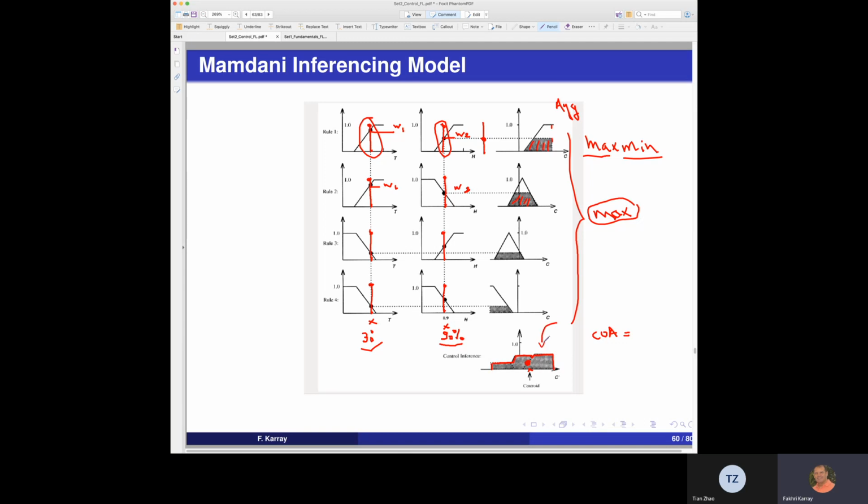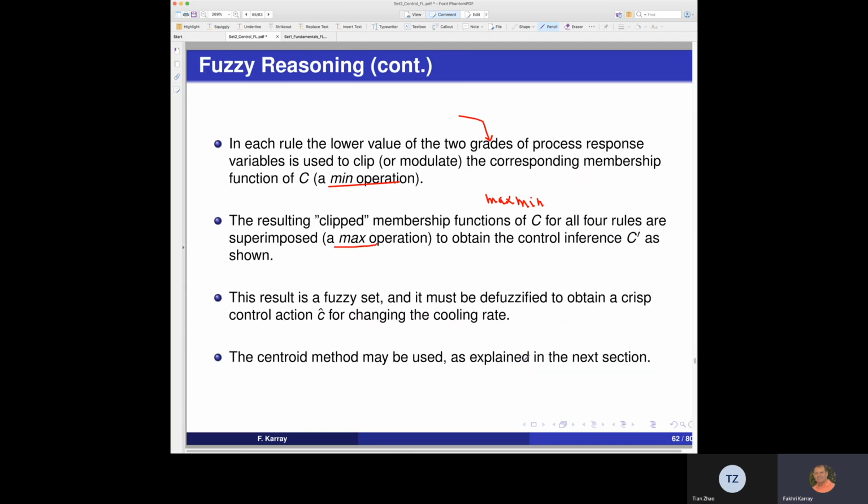This is the aggregate function here, and this is the centroid of area to provide you with the maximum value for this centroid function for this membership function that is located here. So this is one example for an air conditioner model which showcases the Mamdani inferencing model for this particular type of representation. Okay, so that's basically what I wanted to showcase.